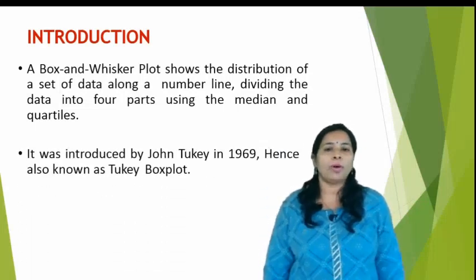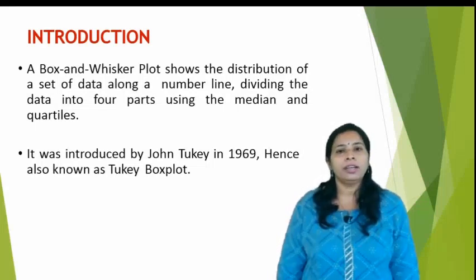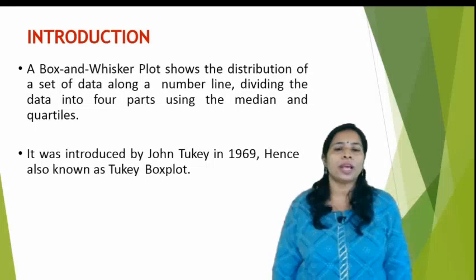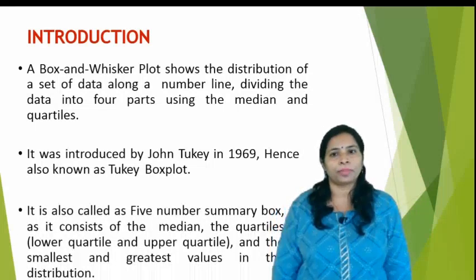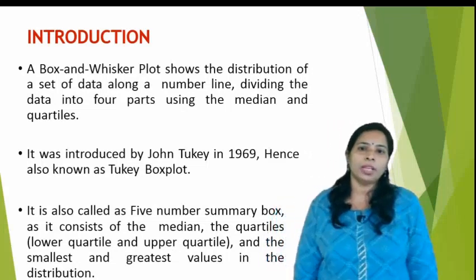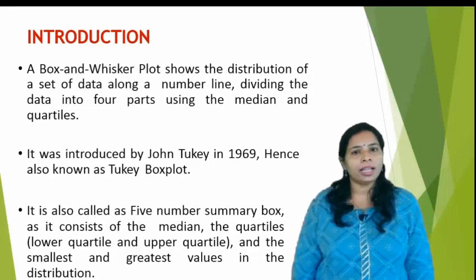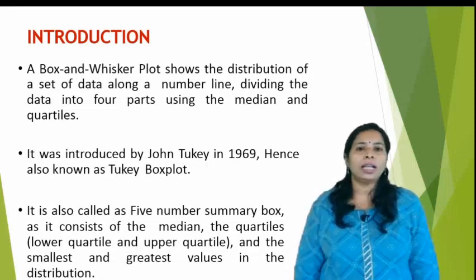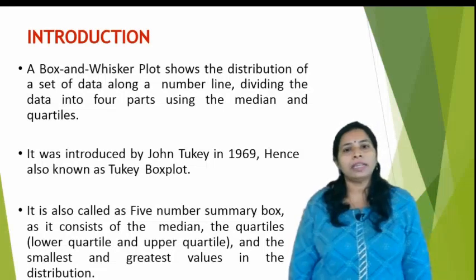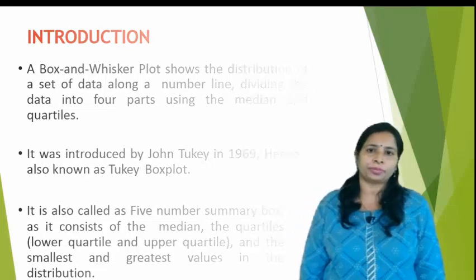This box plot was introduced by John Tukey in 1969, hence it is also known as Tukey's box plot. It shows the 5 number summary: the median, the lower and upper quartiles, and the smallest and the greatest values in the data set or the distribution.